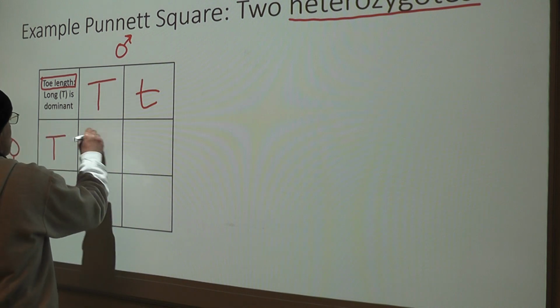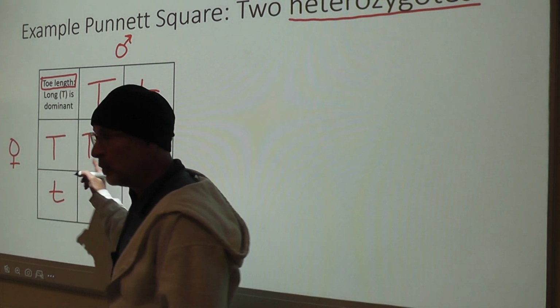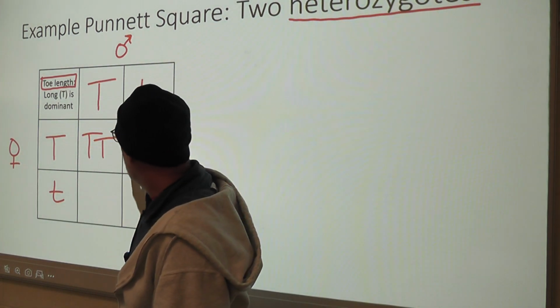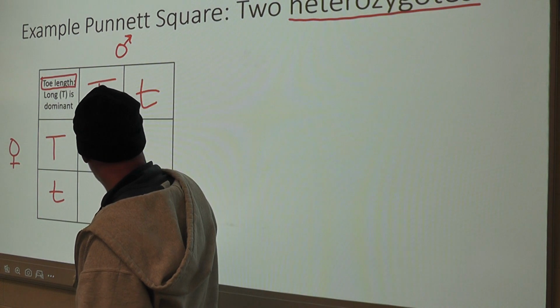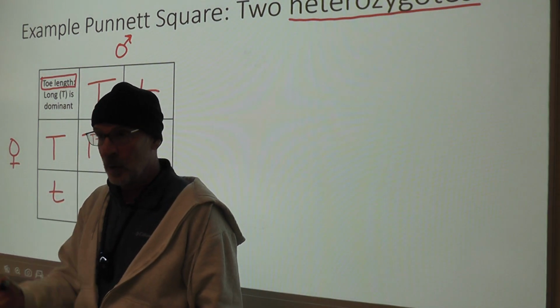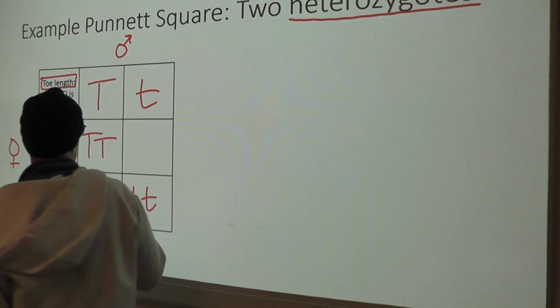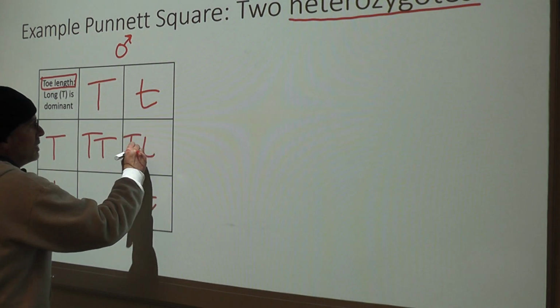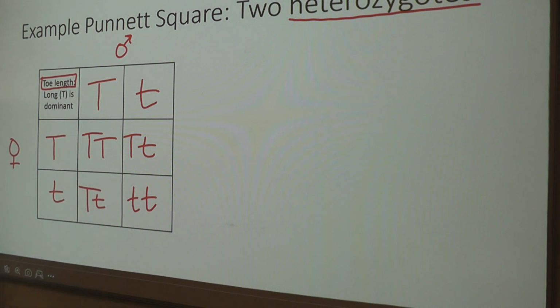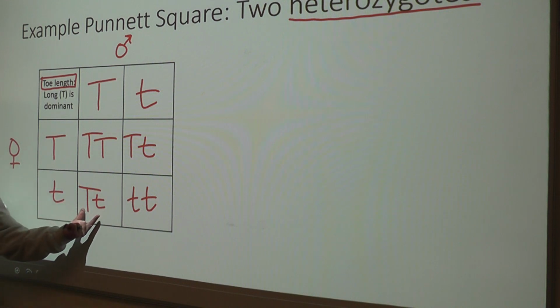If someone gets both big toe alleles, they'll end up homozygous dominant. If they get both little toe alleles, one from each parent, they'll end up homozygous recessive. And if they get one dominant allele from one parent, one recessive allele from the other, then they'll be heterozygous.